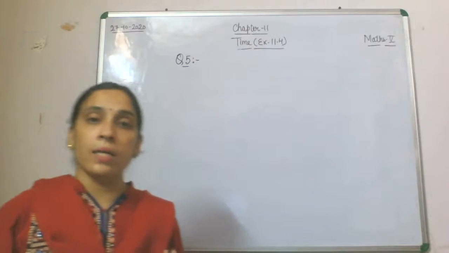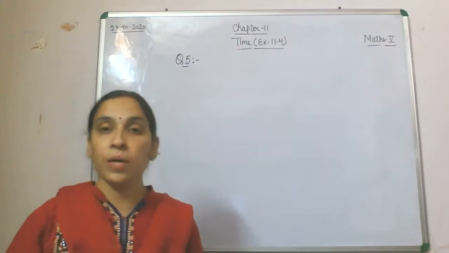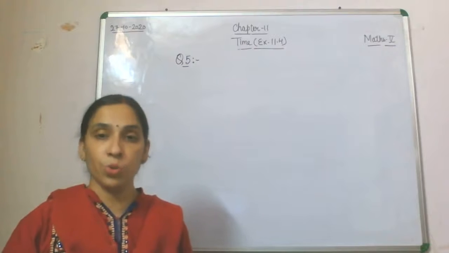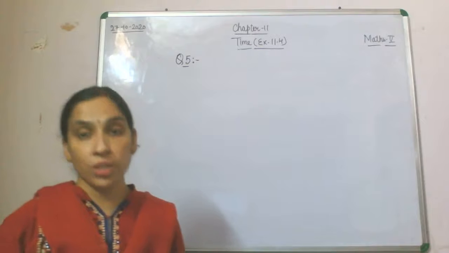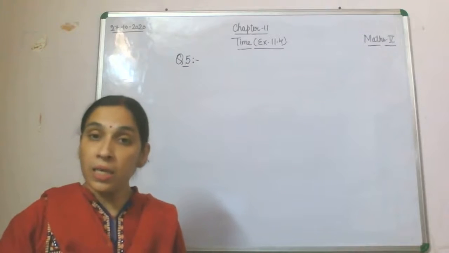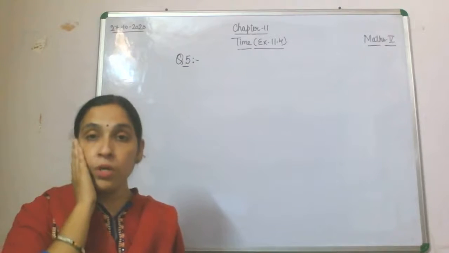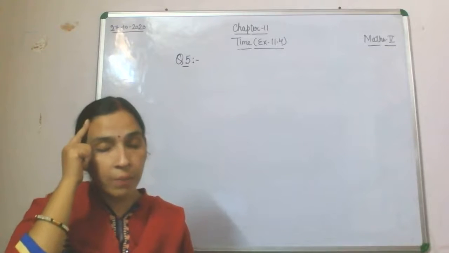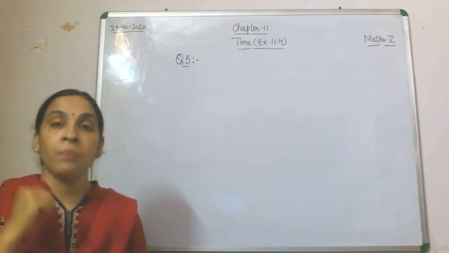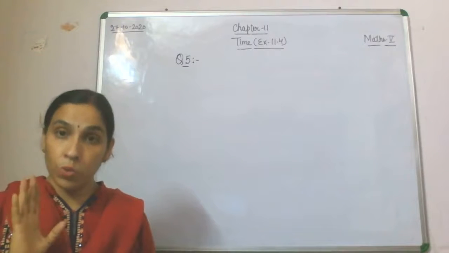Now I will tell you one easiest way to remind you which day will be included and which day will not be included. The day a person went for a tour, that day will be included. For example, if you go on a trip, that day will be included.